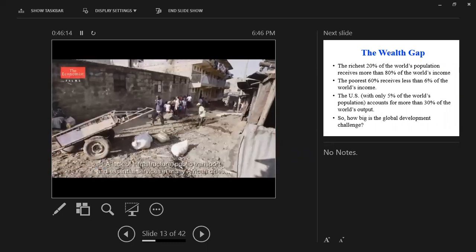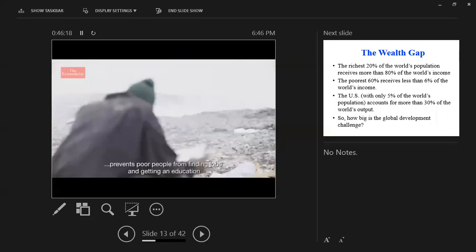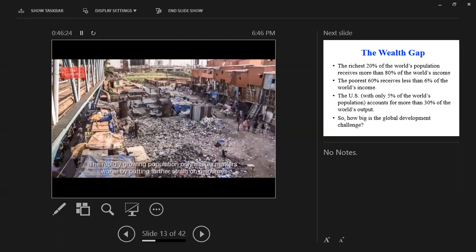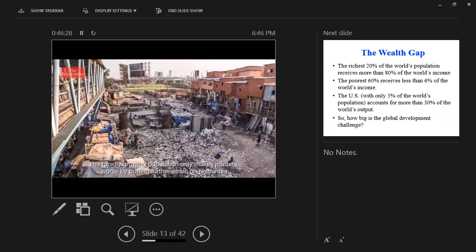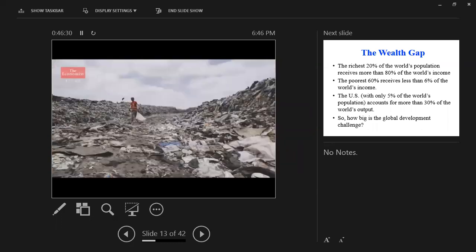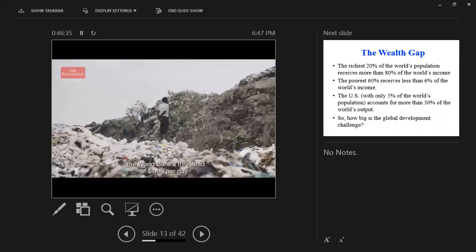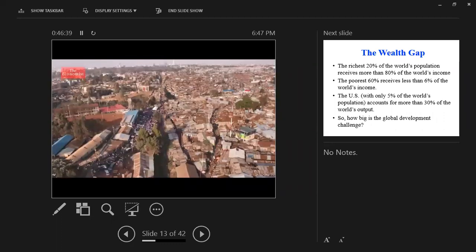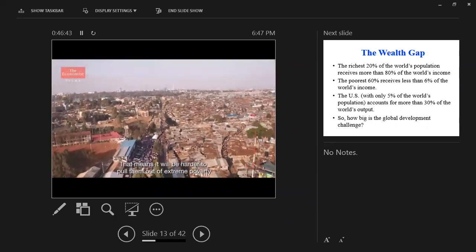A lack of infrastructure, public transport, and essential services in many African cities prevents poor people from finding jobs and getting an education. The rapidly growing population only makes matters worse by putting further strain on resources. Millions of poor people in sub-Saharan Africa live far below the World Bank's threshold of $1.90 per day. That means it'll be harder to pull them out of extreme poverty.